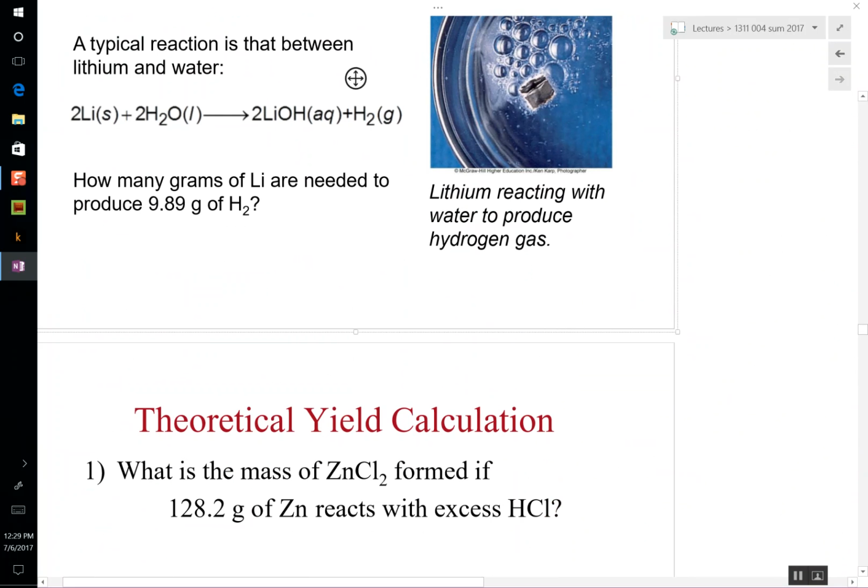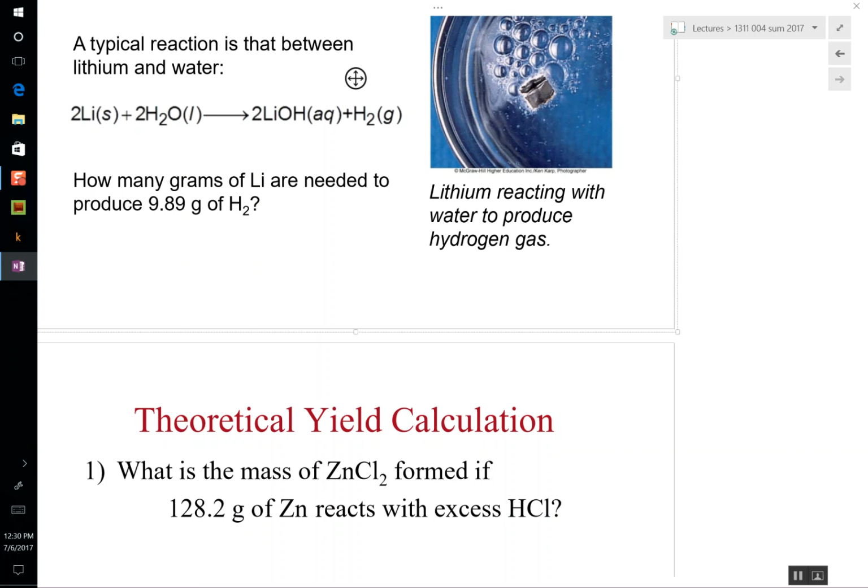Okay, I want to shift over now to a really main topic, a key topic. We're going to go back to the chemical equation and start dealing with calculations based on a balanced chemical equation. And maybe I should make a little list.